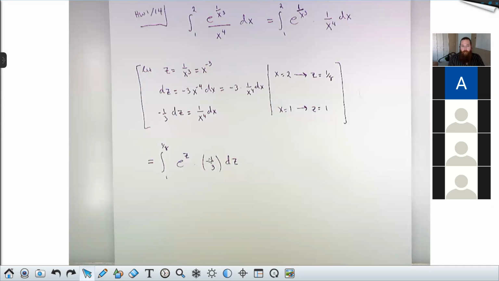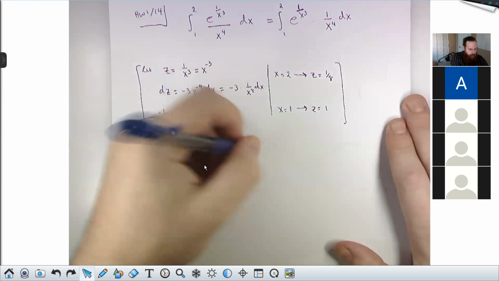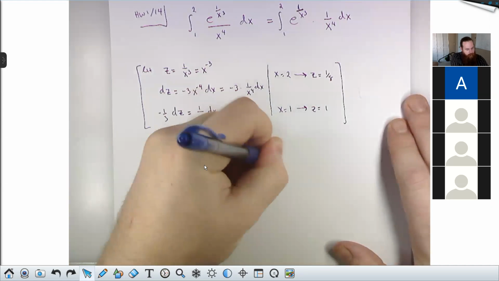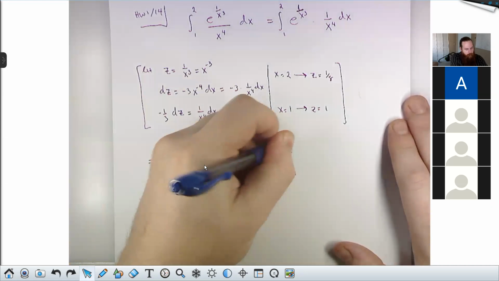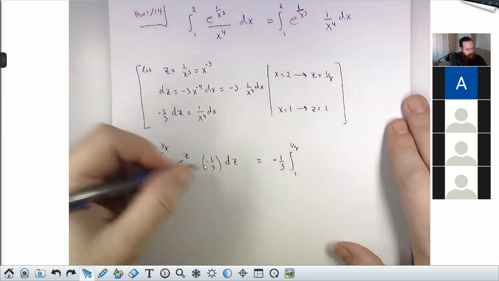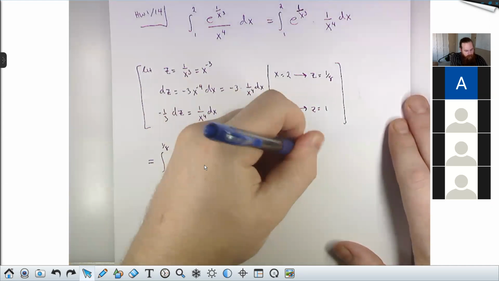But there is something we can do. You can flip it, right? Yeah, exactly. So let me do a little constant juggling. I'll pull the negative 1/3 out, and then we'll have integral 1 to 1/8 e to the z dz.